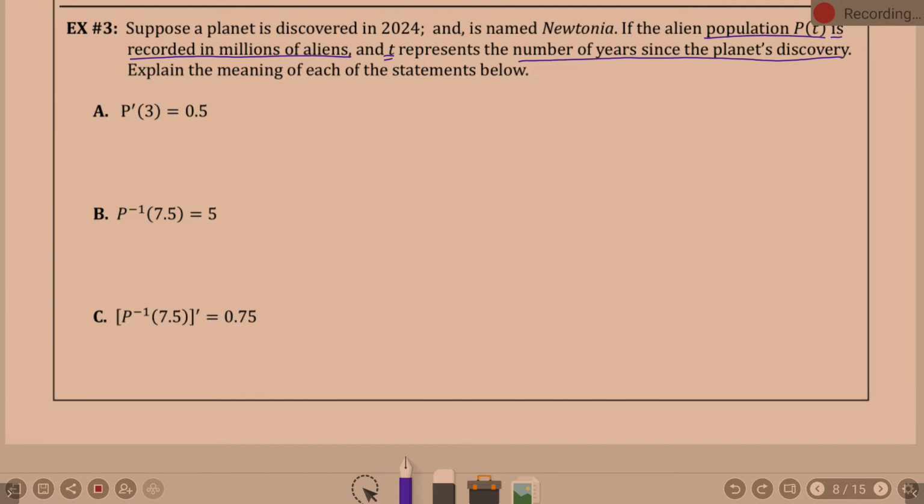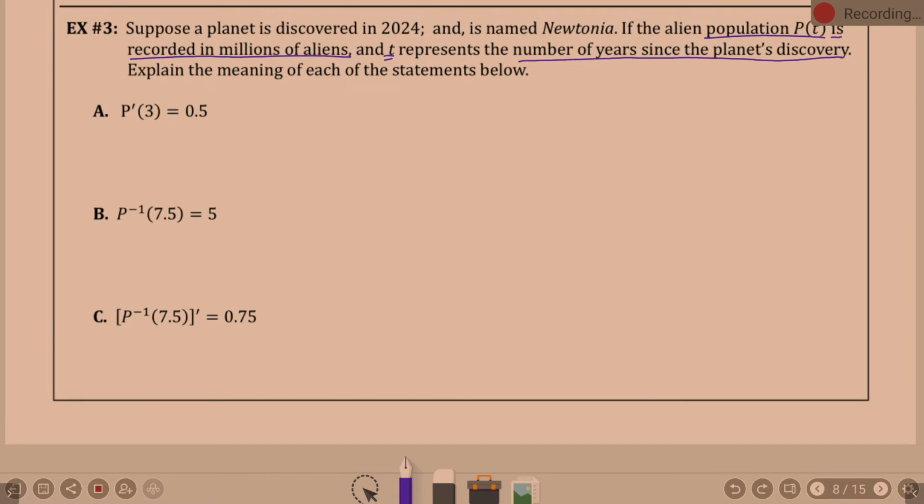You're not doing the derivative, you're just saying P of 3 equals 0.5. 3 years after the fact, there are 500,000 aliens. But we need to say increasing by 500,000. You've got to throw in that increasing at a rate, that is the direction we need to go here. And that's the difference between P of 3 versus P prime of 3.